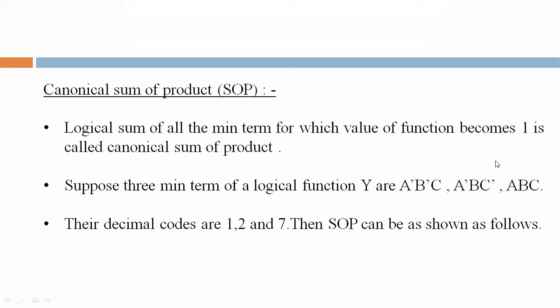So 0 into 2 raised to 0 is 0, 1 into 2 raised to 1 means 2. Based on that, the decimal code we get for the logical function: 3 minterms are there. At A' B' C we get 1, at A' B C' we get 2, that is the decimal code, and for A B C we get 7.